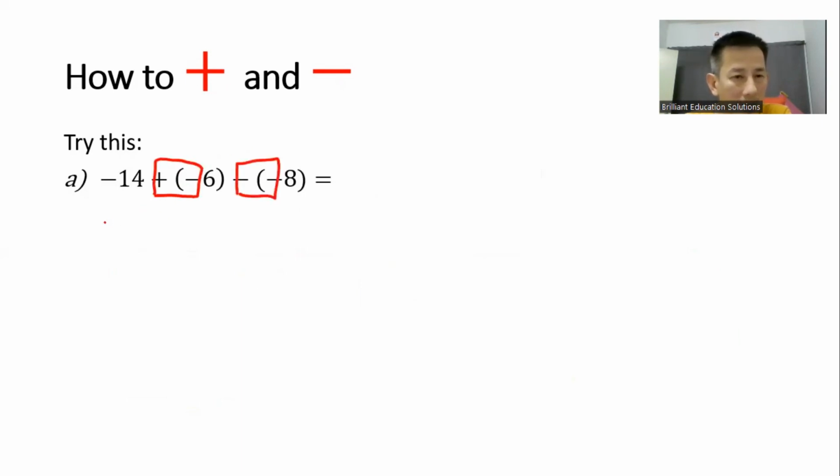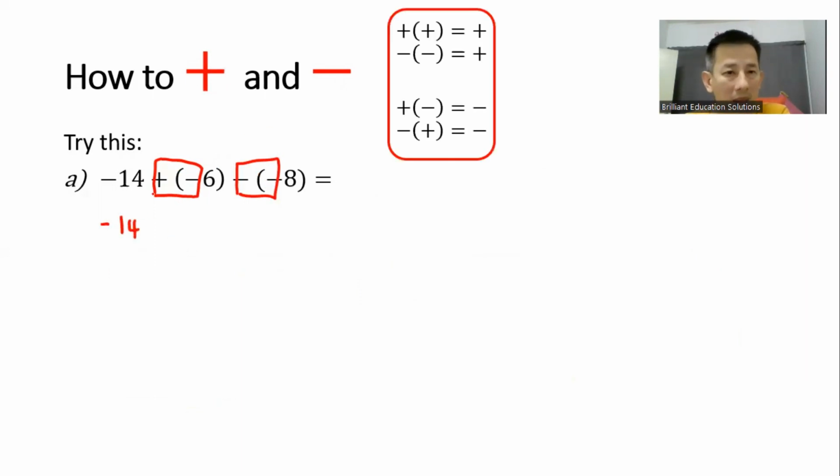That will give you negative 14 plus minus 6, and this is plus 8. That should equal minus 14 minus 6 plus 8. This will give you minus 12.